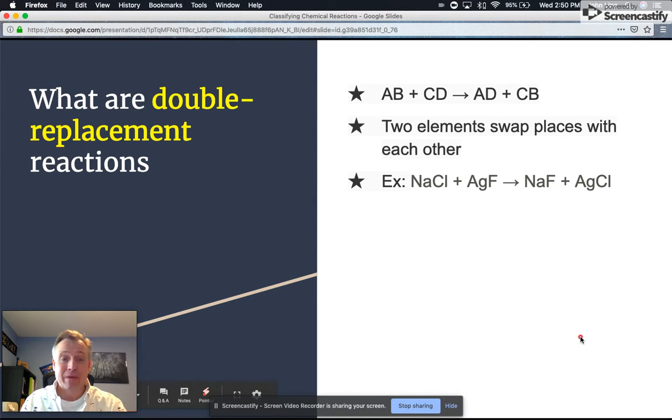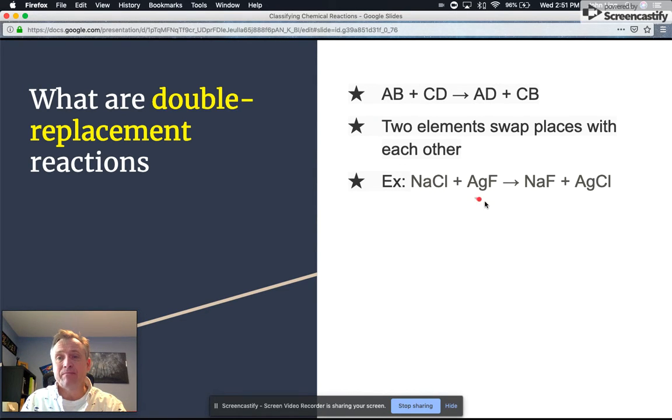You can also have double replacement reactions. And a double replacement is exactly what it sounds like. It's a replacement, but two different things are switching places. So the general form is you have two compounds, AB and CD, and they've just switched, and now it's AD and CB. Doesn't have to be in this particular order. You just have to notice that two elements are now bonded to two different elements in the products. So in this case, we have NaCl, sodium chloride, and AgF, silver fluoride.